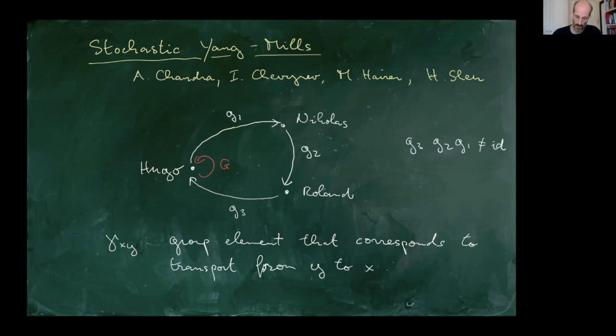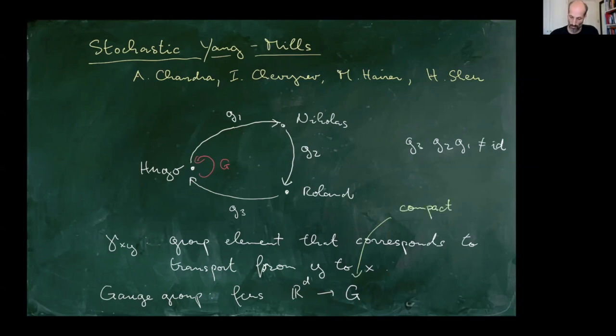So now your gauge group would be functions from space-time, so say R^d, into some symmetry group G. And that symmetry group G, in our case, we're always going to take to be a compact Lie group.